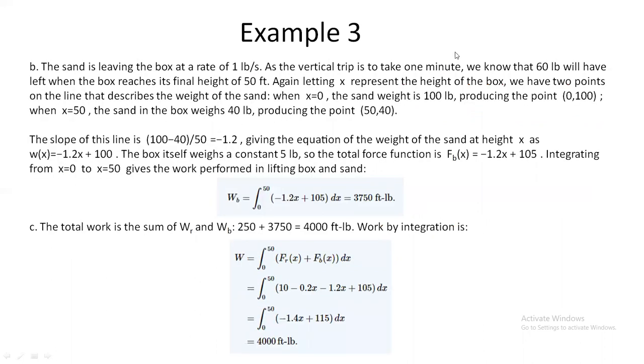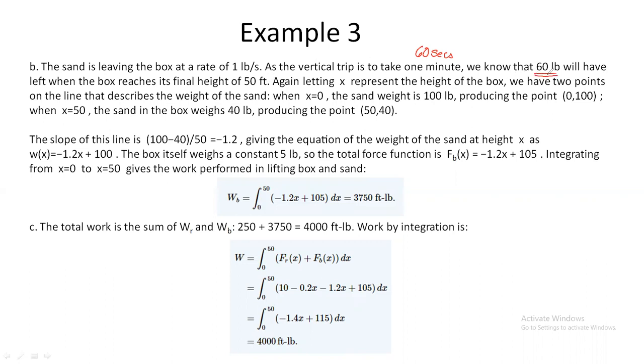Now, letter B says here, the sand is leaving the box since it's leaking at a rate of 1 pound per second. As the vertical trip is to take 1 minute, what is this 1 minute? This is equivalent to 60 seconds. We know that 60 pounds will have left when the box reaches its final height of 50 feet. How was this arrived at?